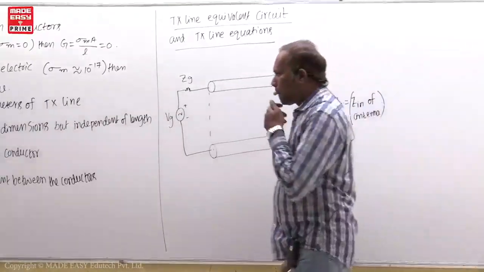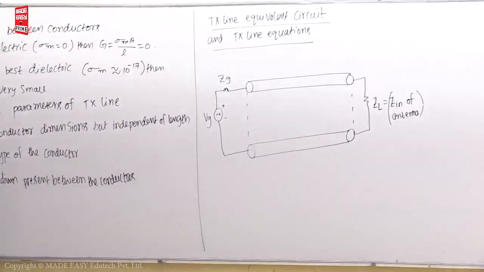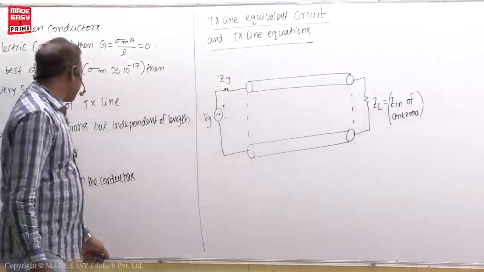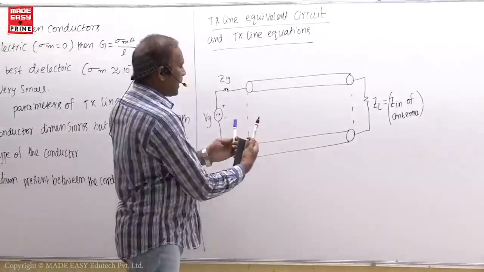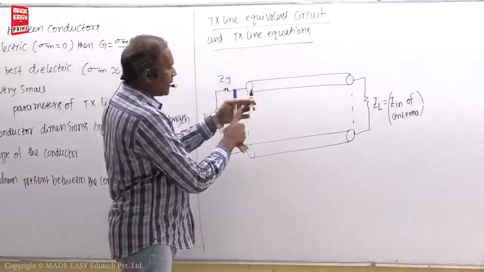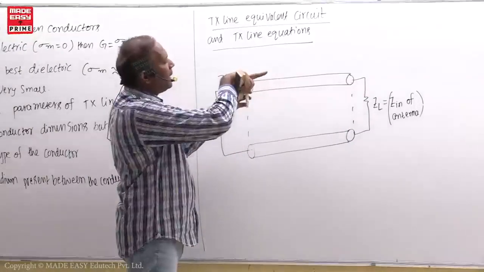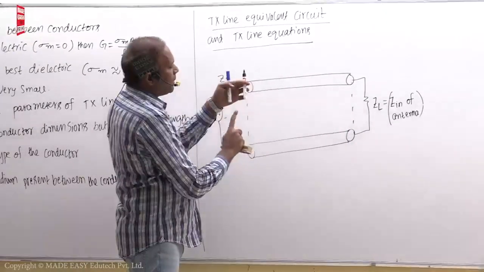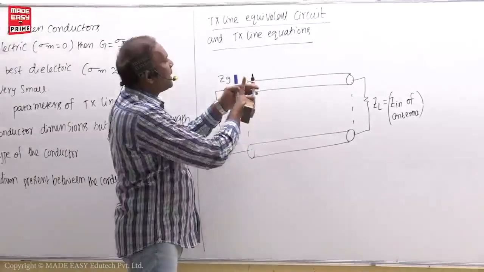Let us assume these conductors. 2 conductors are there, like this. First conductor, second conductor. Here we are connecting the source, and here antenna conductors are there. That means here source is there. Here signal is carried in Z direction like this.